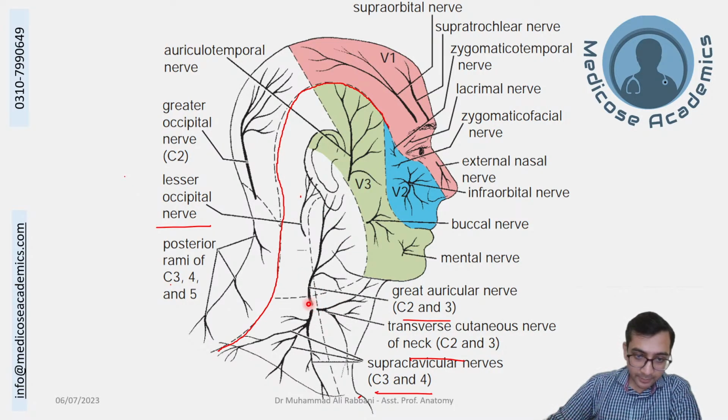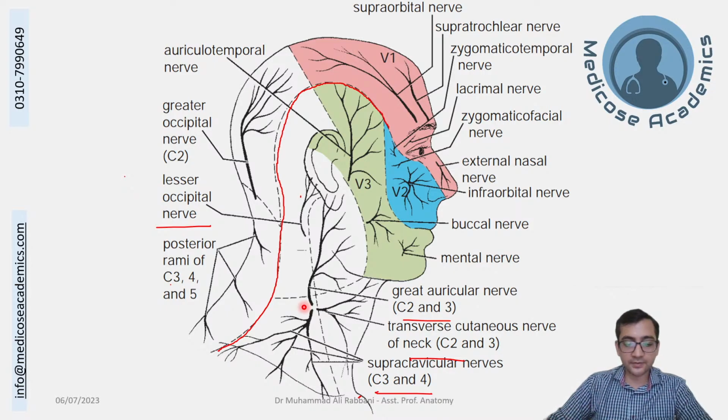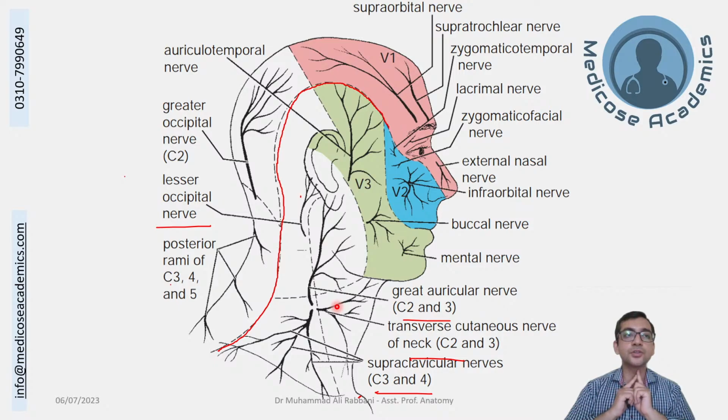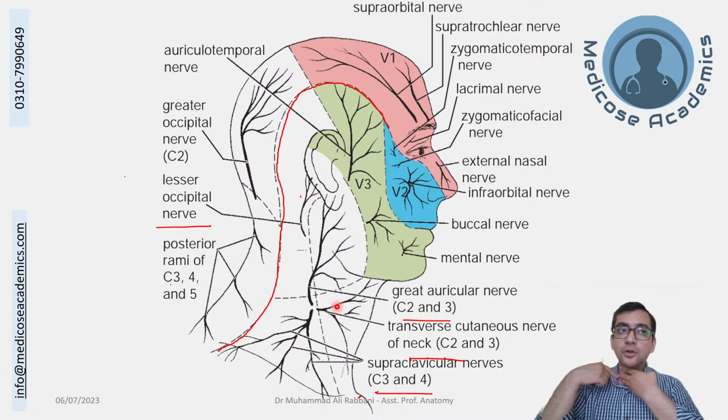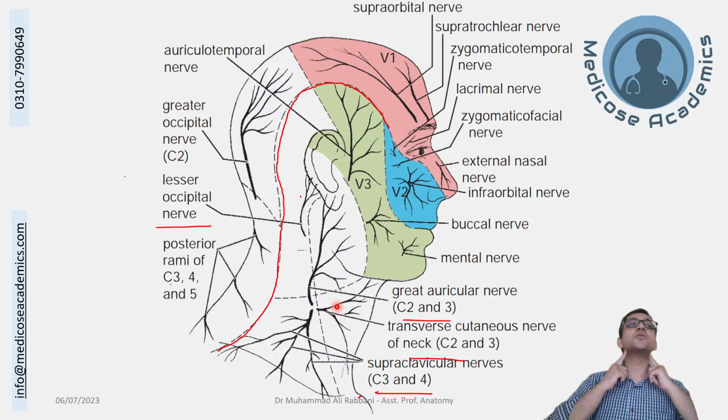Now, after emerging from the posterior margin of the sternocleidomastoid, there are some nerves that run anteriorly across the muscle and supply all the skin that is anterior to the sternocleidomastoid, from chin to roughly the sternum, and all the muscle anterior to it. Follow your sternocleidomastoid and it will make a triangle like this.